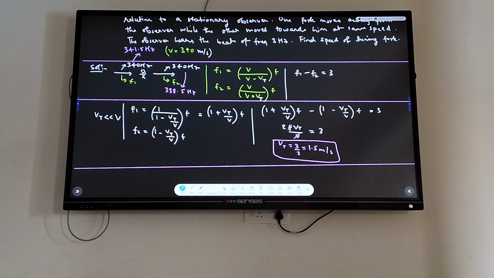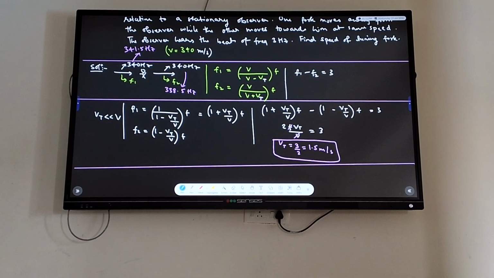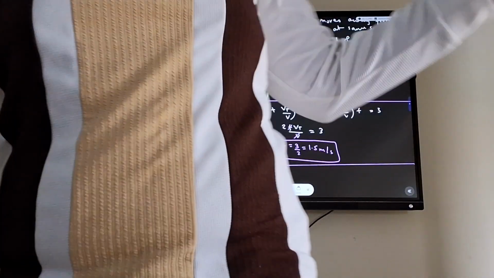V square minus V naught square is approximately equal to 340 square, because we know that V naught is so low. If you can understand that, then why can't you apply that? I said V naught is so small, then you are saying it should not be V naught but Vs. Did they do it by this method? Yes, it was done by this method.